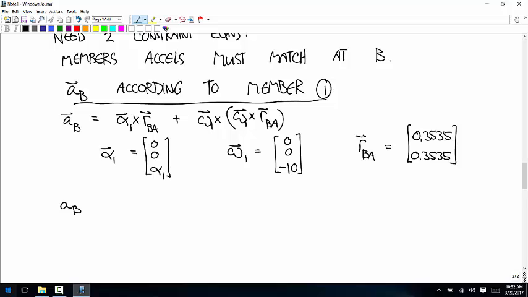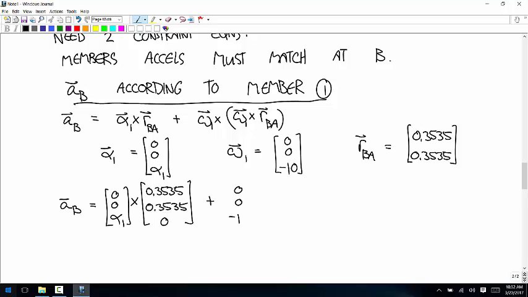And so the acceleration of B, according to member 1, is 0, 0, alpha 1, crossed with 0.3535, 0.3535, 0, plus 0, 0, negative 10, crossed with the quantity 0, 0, negative 10, cross 0.3535, 0.3535, 0.